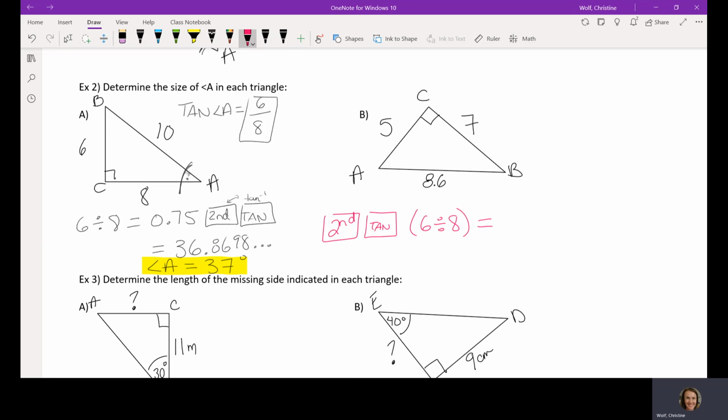That might work for you. On my calculator, I have to do the second and tan at the end, but some calculators make you punch it in first. When you press second tan, you should see tan to the -1 pop up on your screen. Then you'll open the bracket, type in 6 divided by 8, close the bracket, equals, and it should spit out a 37. Those are the two most common ways to do it.